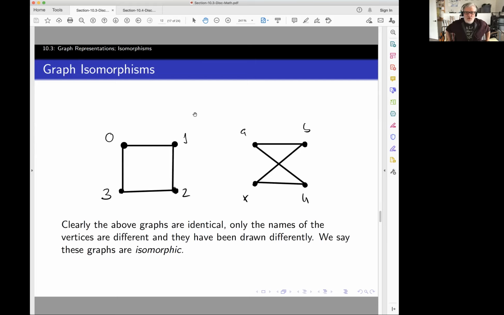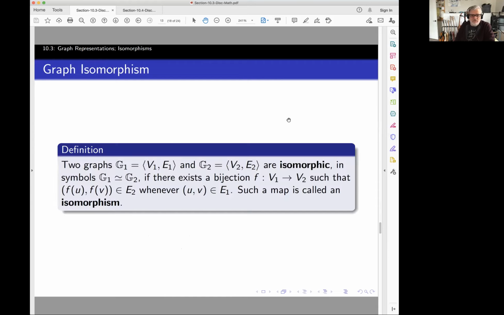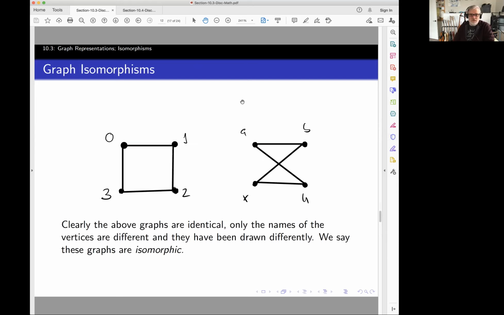Okay, let's move on to graph isomorphism. So here are 2 graphs. The graph on the left has vertices 0, 1, 2, 3, and it's a 4 cycle. And the graph on the right has vertices A, B, X, and H. But you see it's also a 4 cycle, right? It's just drawn in a different way, and it has different names for its vertices, but basically it's the same graph.